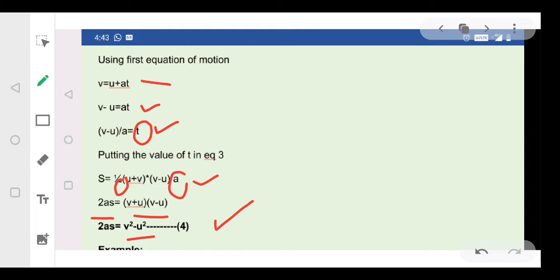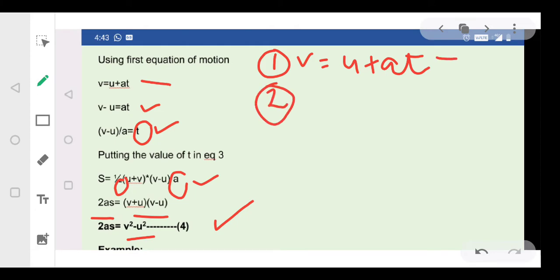So let me just brief up here. The first equation of motion is V is equal to U plus AT, and we found this equation using the formula of acceleration, which is a is equal to v minus u by t. By simple cross multiplication you will come up to this equation. The second equation of motion is s is equal to ut plus half at square.